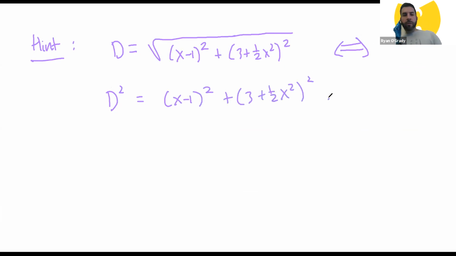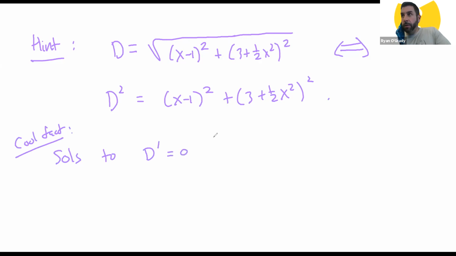And here's a cool fact. You should think about why. Cool fact. Solutions to d prime equals 0, so the critical numbers of this, are the same as solutions to d squared prime equals 0.